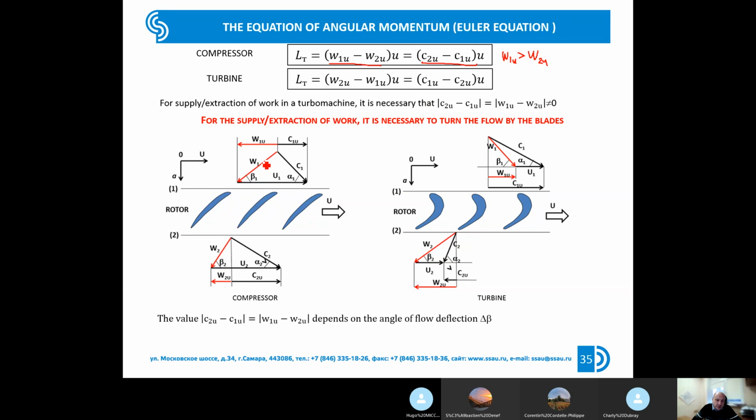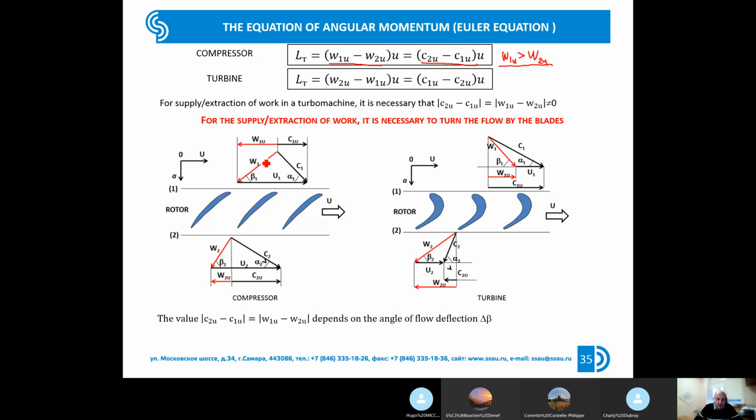If we look carefully at the velocity triangles at the inlet and at the outlet, and compare the vectors of relative velocity, we could find that for receiving such a relationship between the circumferential projections of velocity, we need to provide that the beta 1 angle will be less than the beta 2 angle.